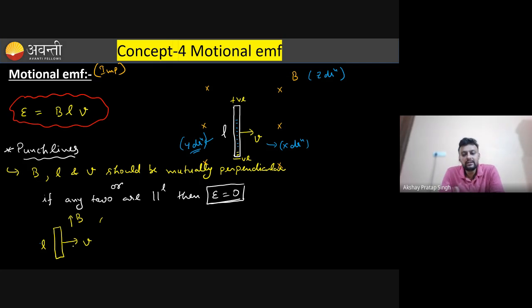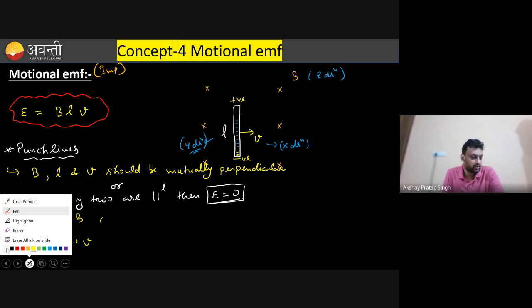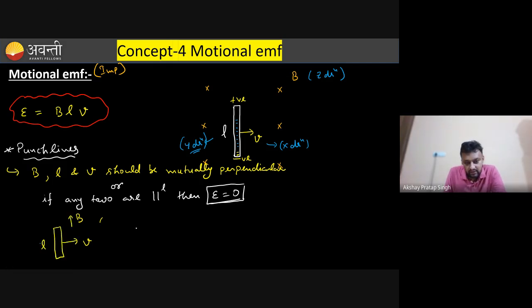So what will be the EMF induced? Someone is asking you what will be the EMF induced. So you can clearly see that two quantities are parallel to each other. Which are the two quantities? You can see length is parallel to the magnetic field. Can you see this?